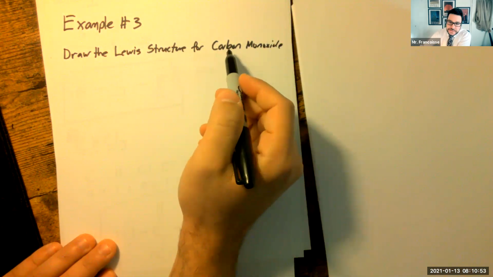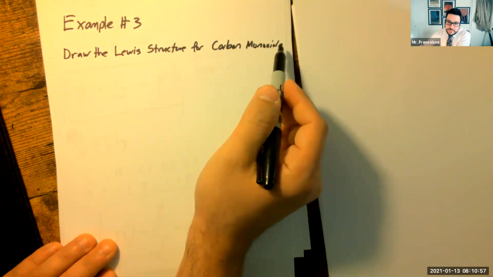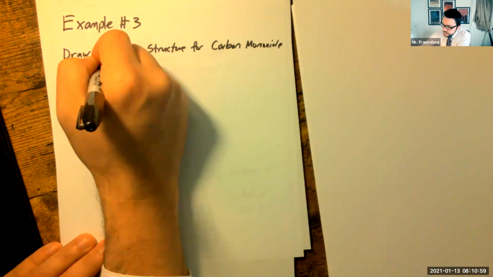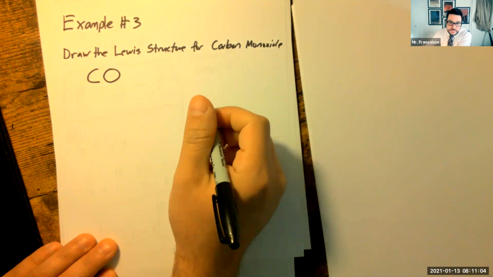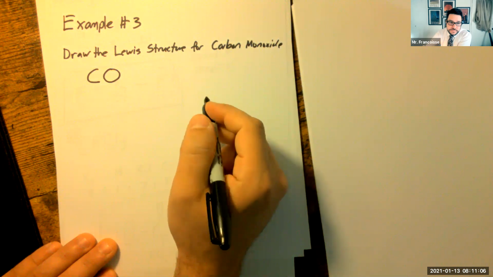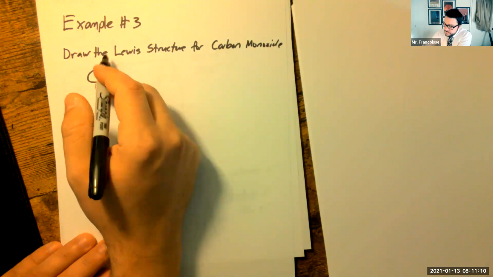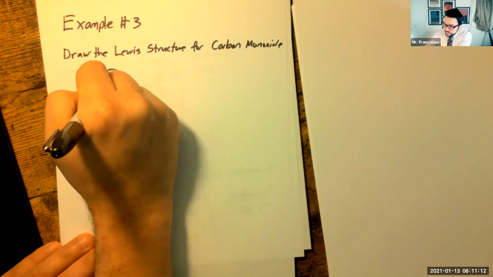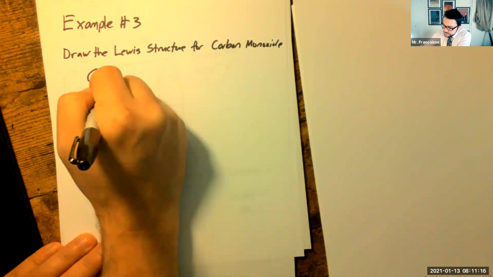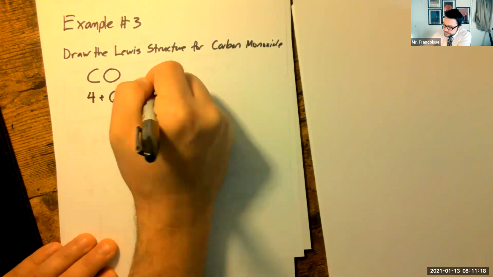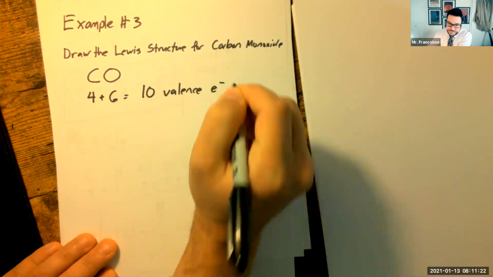So carbon is C, mono is 1, and oxide refers to oxygen. So we have CO. So carbon, we have 4 electrons, oxygen has 6. So we have a total of 10 valence electrons.